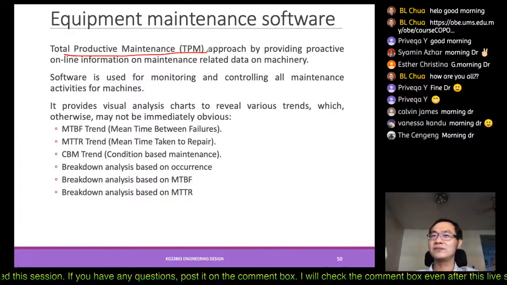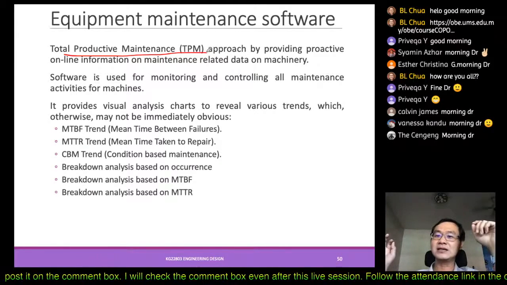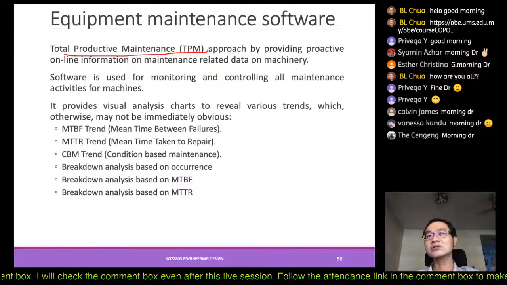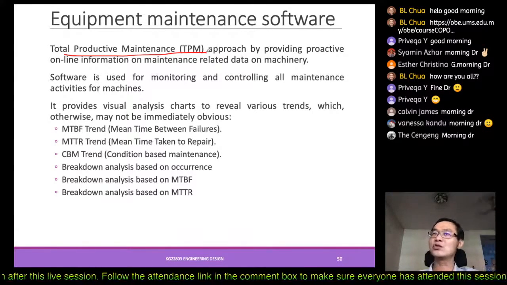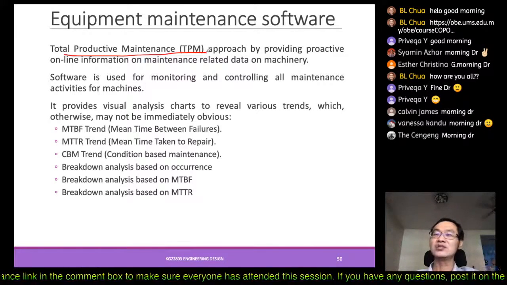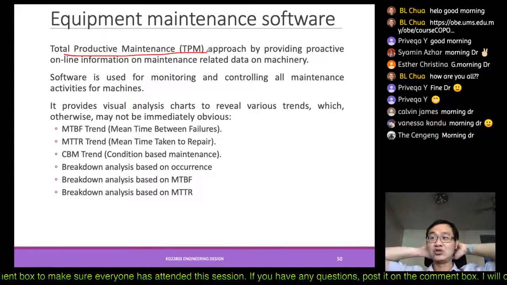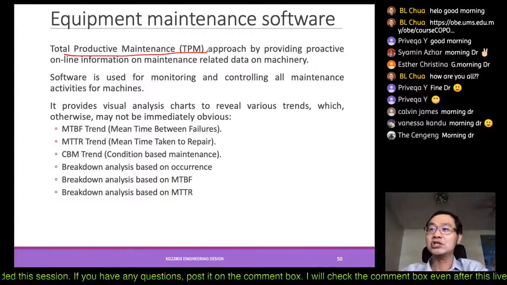Imagine you have thousands of components to replace in a production line. Even though you jot it down, it's impossible for you to go through them again. So this is what this software intends to do, to monitor and control all the maintenance activity of the machines.